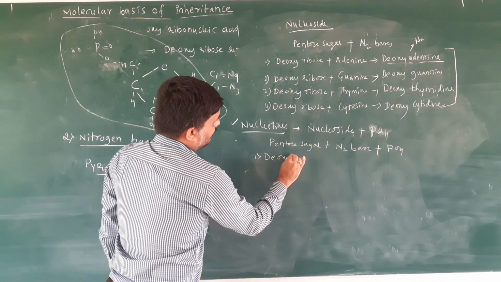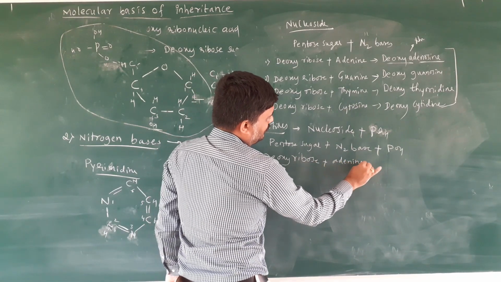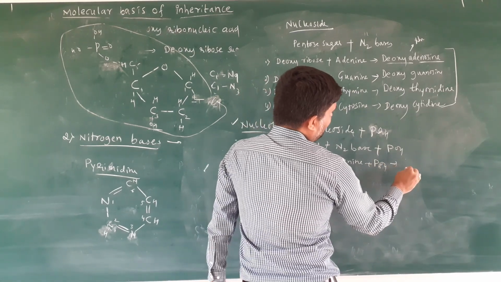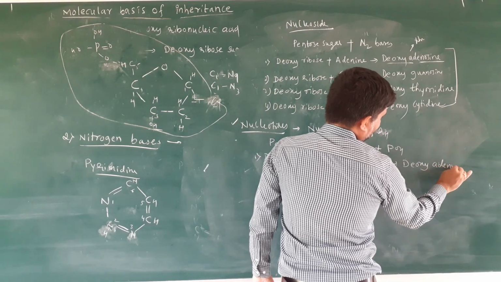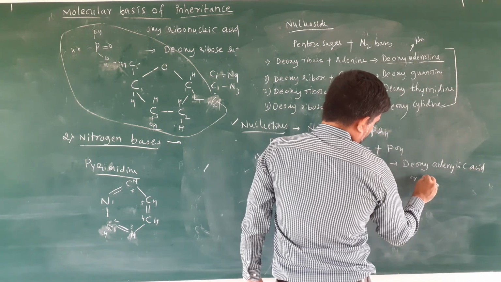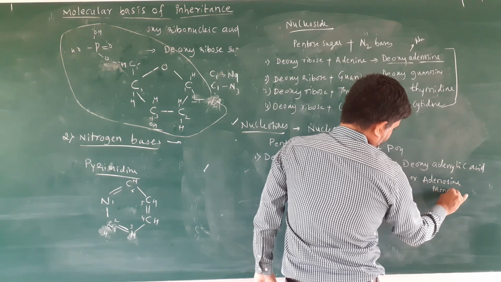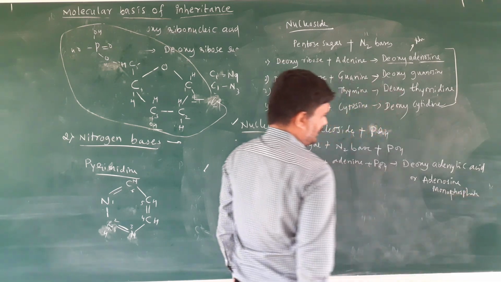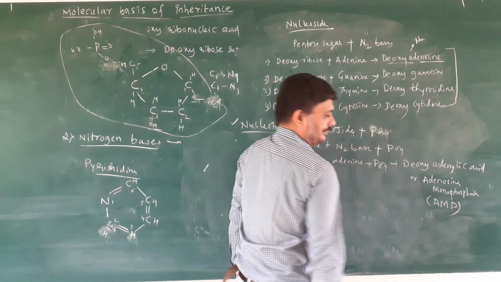Deoxyribose sugar plus adenine as the nitrogen base plus phosphate group is called deoxyadenylate acid, or also called adenosine monophosphate, AMP.